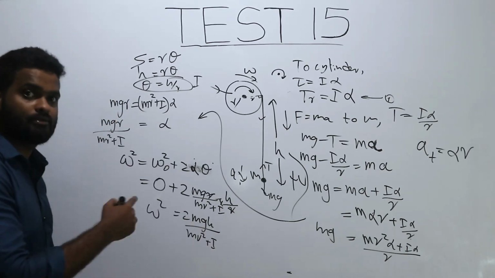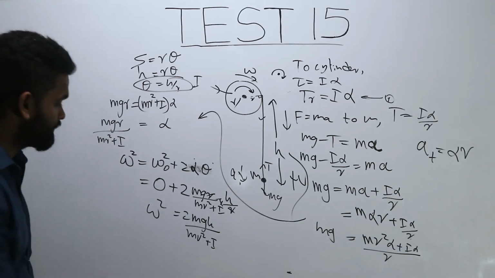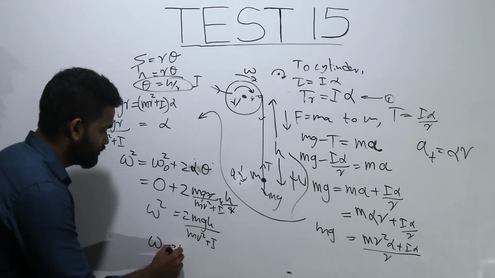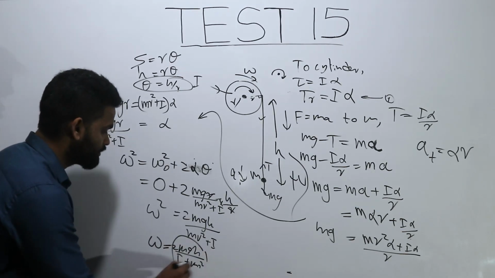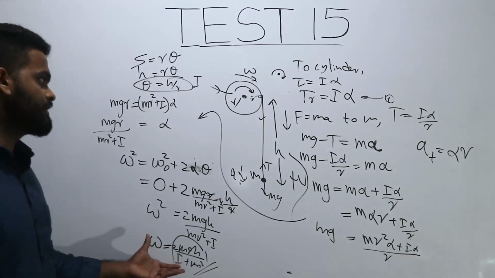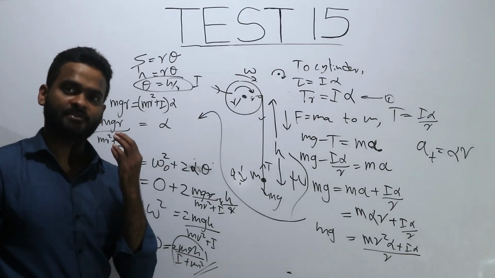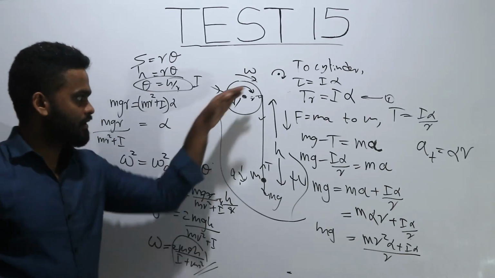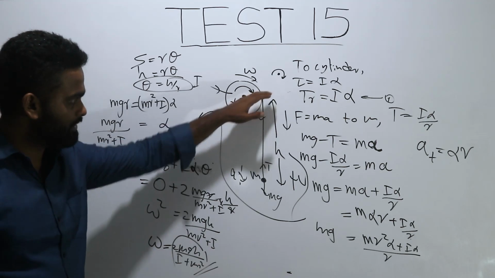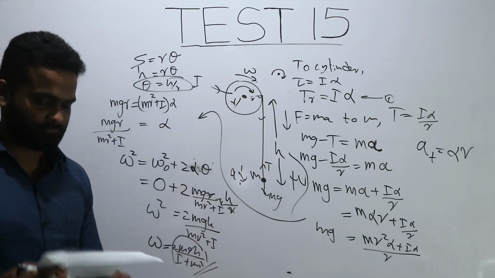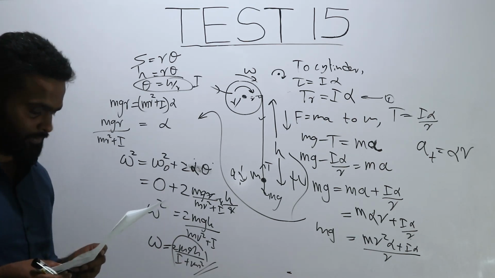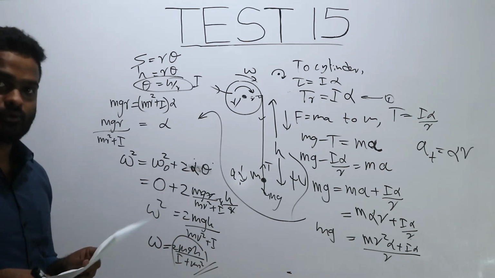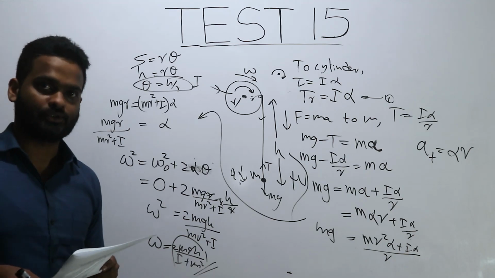Just take the root from both sides. So omega is the square root of 2mgh divided by I plus mr squared. This is the angular velocity of the cylinder when the mass moves from here to here. So the answer should be the fourth one for the ninth question.